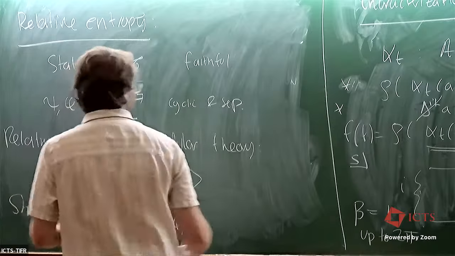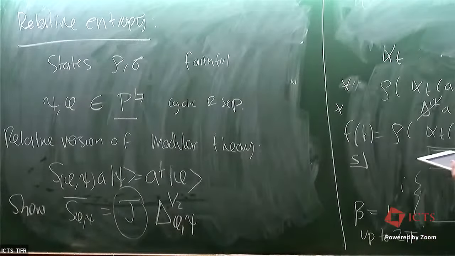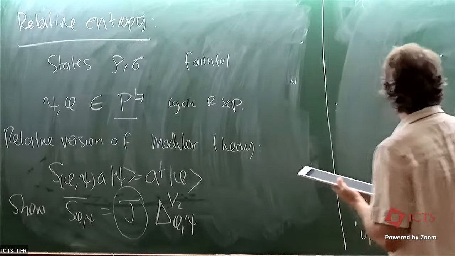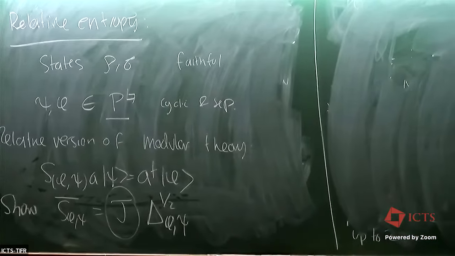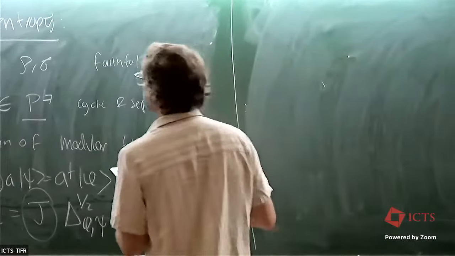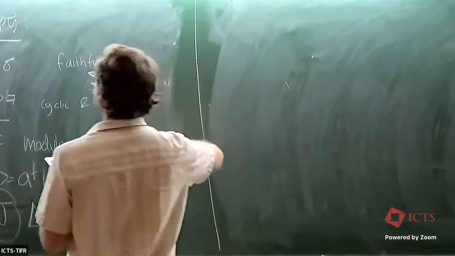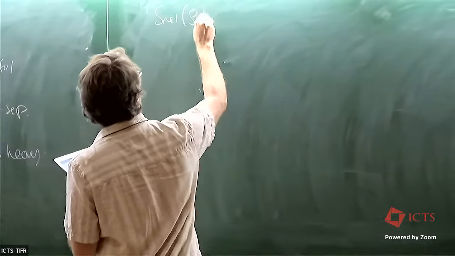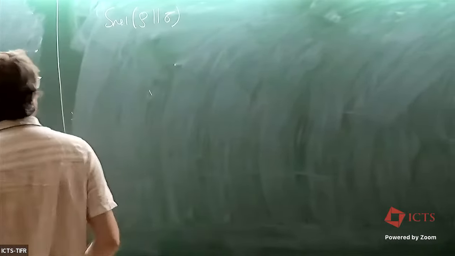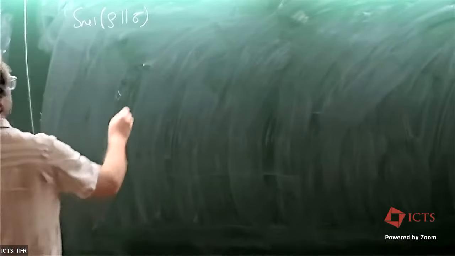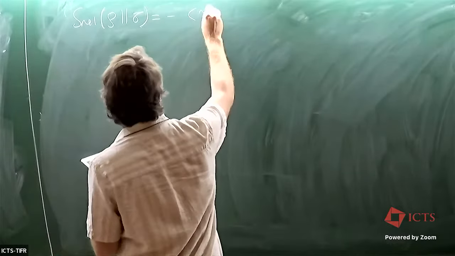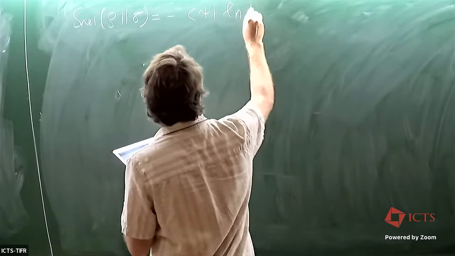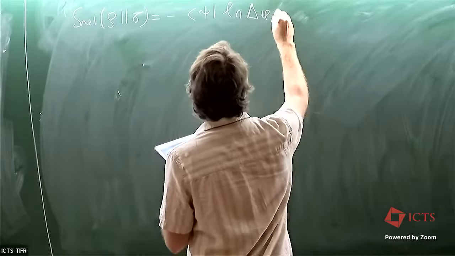And then, given that, we can define Araki's version of relative entropy, which is just the expectation value of log of that modular operator. So we say the relative entropy of the two states really only refers to the states, rho and sigma, but we use the purification to define it: it's psi log delta phi psi.